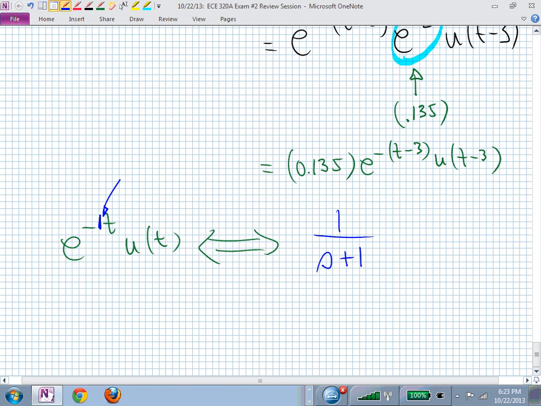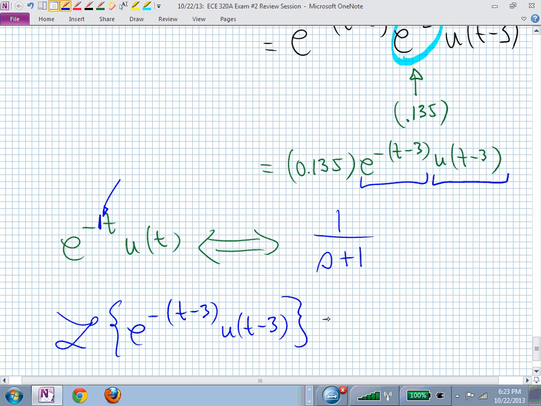Now, if I wanted this instead of e to the minus t u of t, that's now a delay. So if I'm looking to Laplace transform e to the minus (t minus 3) u of (t minus 3), I have this piece coming from e to the minus t u of t, but that's actually delayed by 3 units of time.